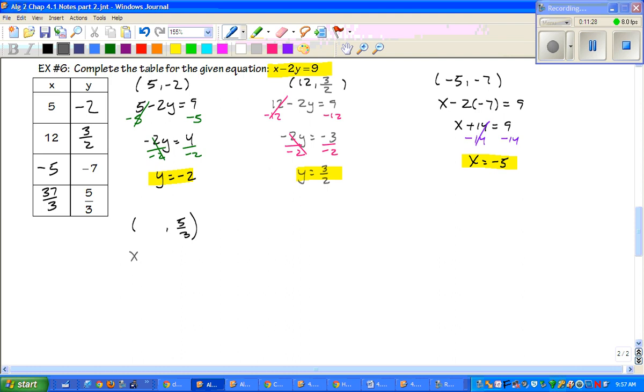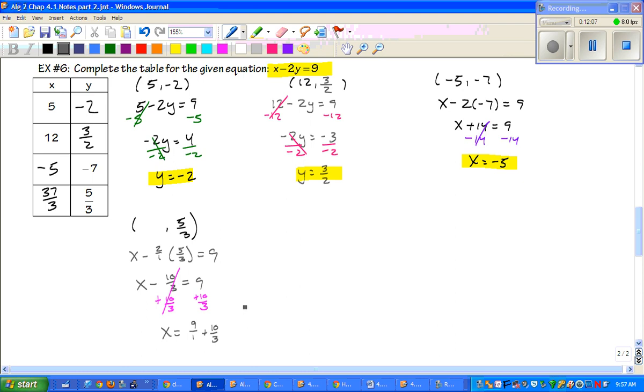So we got x minus 2 times 5 over 3 equals 9. And remember that that 2 is really 2 over 1. Okay? So x minus 10/3 equals 9. Following the order of operations, we would add 10/3 to both sides. So x equals, well, that's going to equal whatever 9 over 1 plus 10 over 3 is.